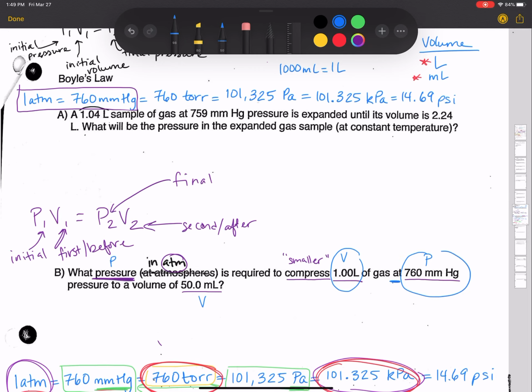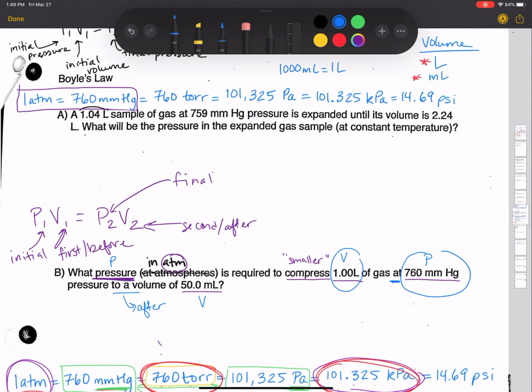This volume of gas at this pressure to a, so that means this is going to be my after, to a volume of 50.0 milliliters. So what pressure am I going to need to take this 1.00 liter of gas that's at 760 millimeters mercury to make it a volume of 50.0 milliliters?